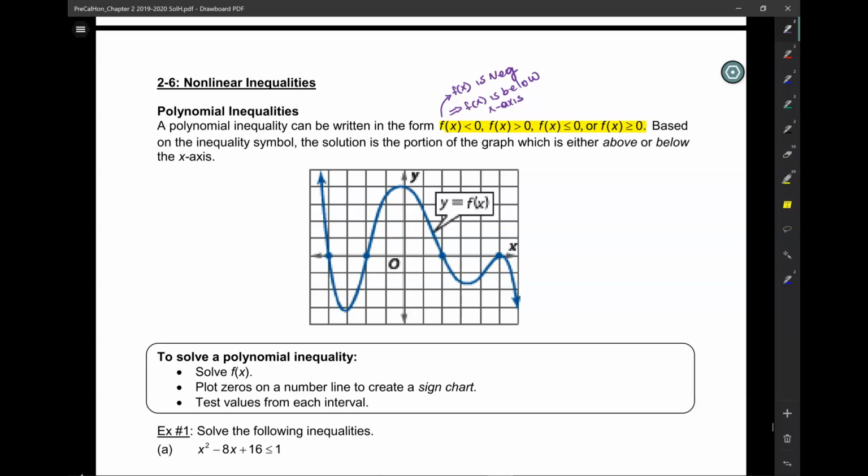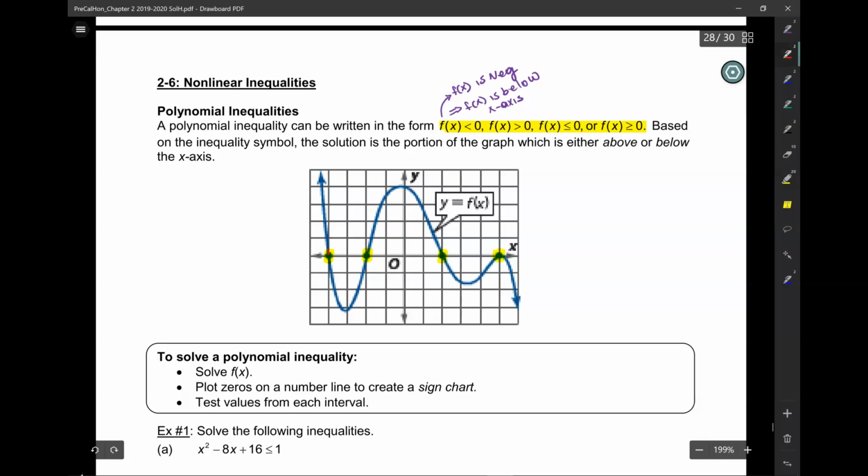Above the x-axis. So take a look at this cute little f of x here. First, let's talk about where the zeros are. You have 1, 2, 3, 4 zeros.